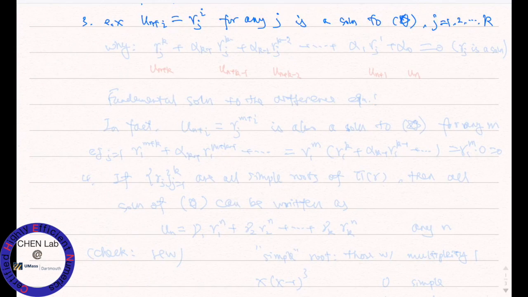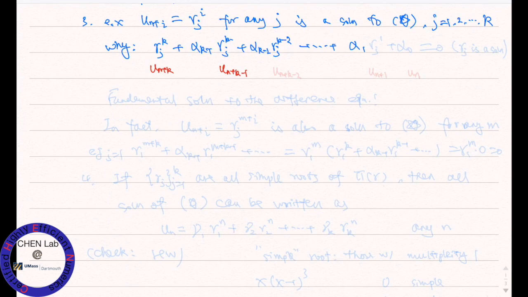So I will write down what I just said. Why is that a solution? Because in that case, we get r_j to the k plus alpha_{k-1} r_j to the k minus 1, this corresponds to u_{m+k}, this corresponds to u_{m+k-1}, plus alpha_{k-2} r_j to the k minus 2.